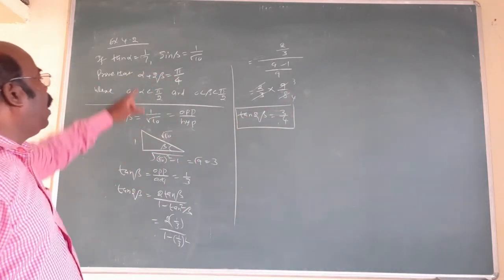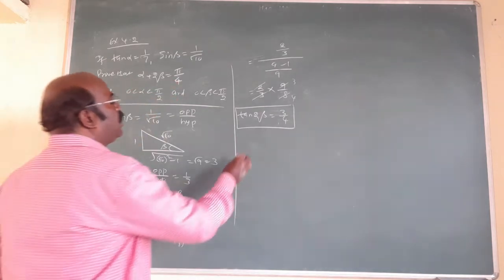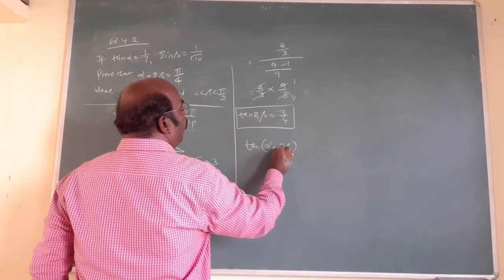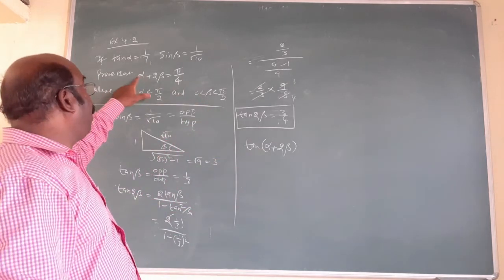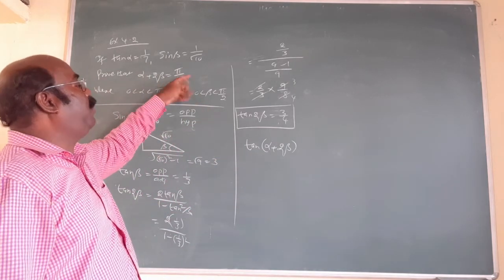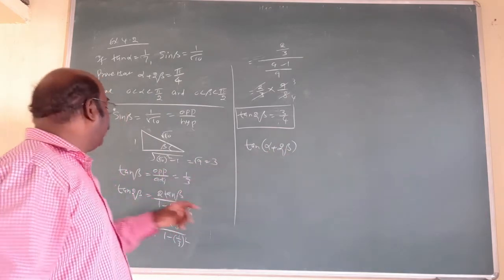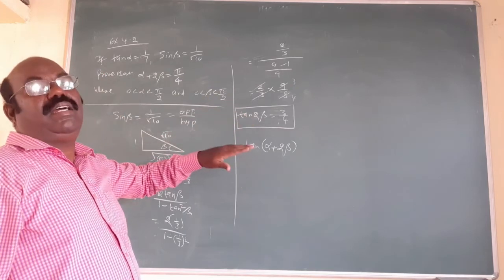Now you want to prove alpha plus 2 beta is equal to pi by 4. That's why I start with the tan of alpha plus 2 beta formula. It is about tan of alpha plus 2 beta, because you want to prove alpha plus 2 beta equal to pi by 4. Because tan alpha is already given and tan 2 beta is already found out.